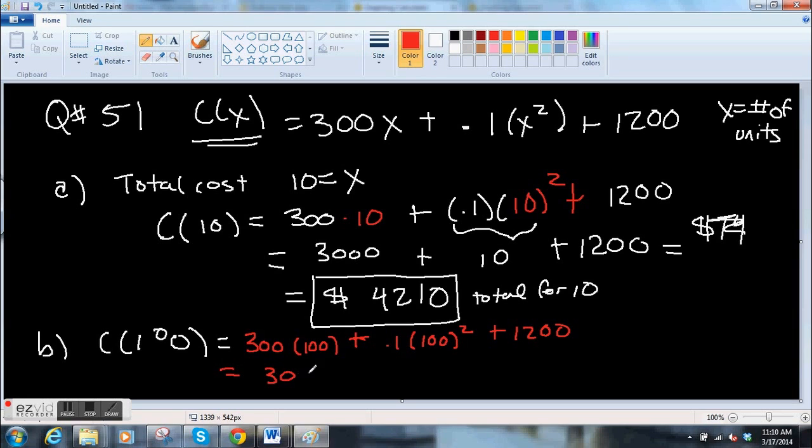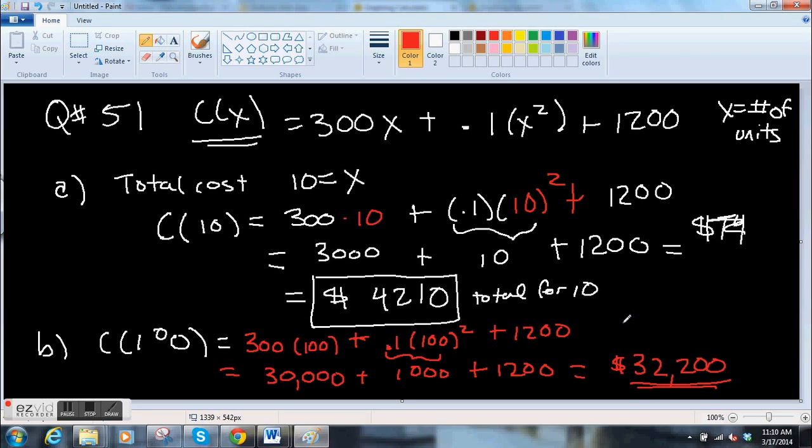This is equal to 30,000 plus 1,000 plus 1200, which equals 32,200.